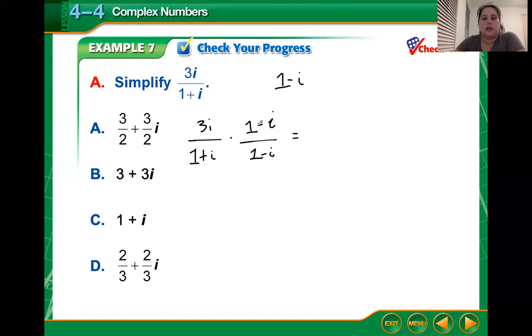I'm going to do 3i times 1, which is just 3i. 3i times negative i gets me minus 3i squared. And I'm going to have a difference of two squares, so I do 1 times 1, which is 1, and then minus i times negative i, which is negative i squared. So I'm going to replace the i squareds with negative 1.